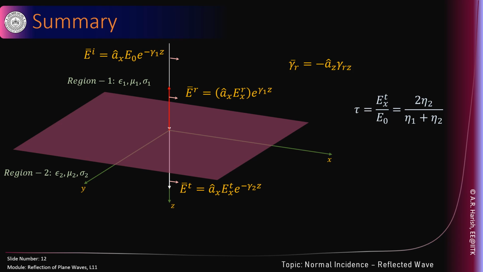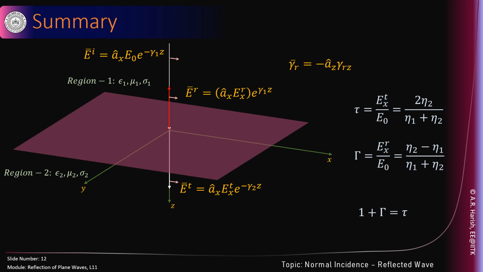Therefore, knowing the properties of the two media, we can calculate eta 1, eta 2. Therefore, you can calculate tau. Therefore, if you know E naught, you know the amplitude of ETX. Similarly, if I know eta 1, eta 2, I can find the reflection coefficient. Therefore, I can compute the value of ERX in terms of E naught. If I know E naught, I know both ERX and ETX, and the solution is complete.